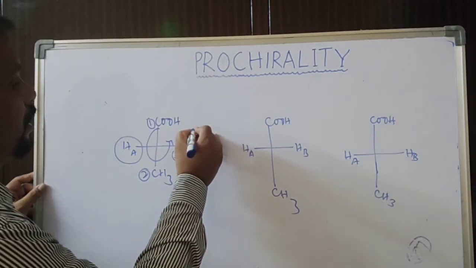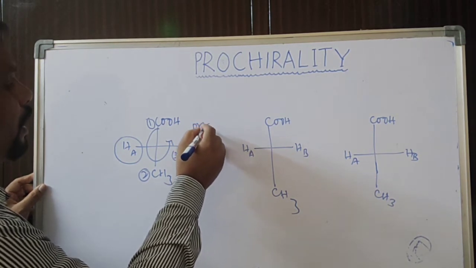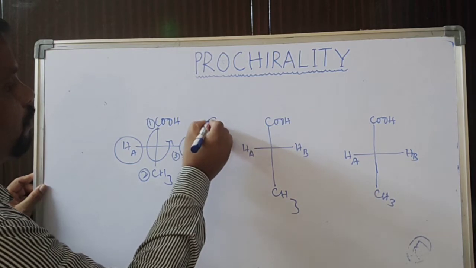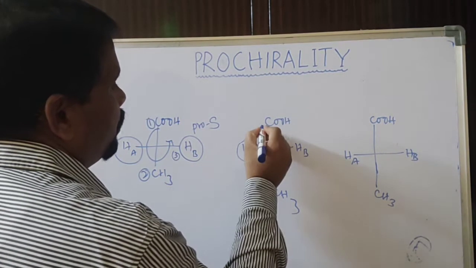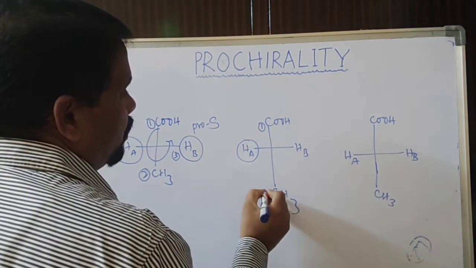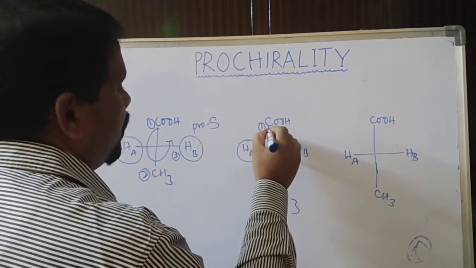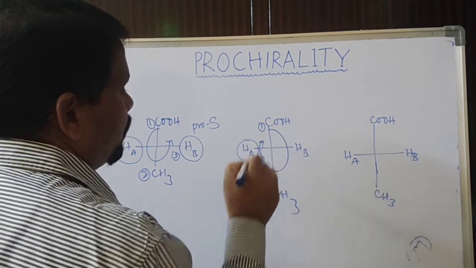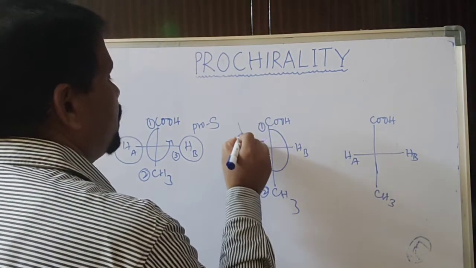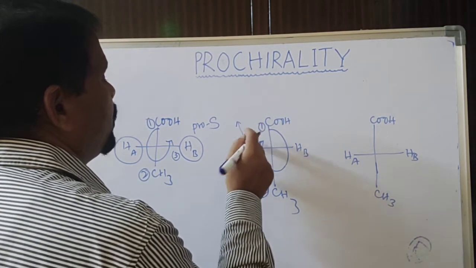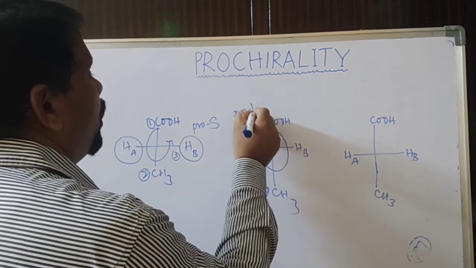That means this is Pro S, anti-clockwise Pro S. So what about this 1, 2 and 3? This is clockwise rotation. Therefore, this hydrogen or this stereoheterotopic unit notation is Pro R, okay.